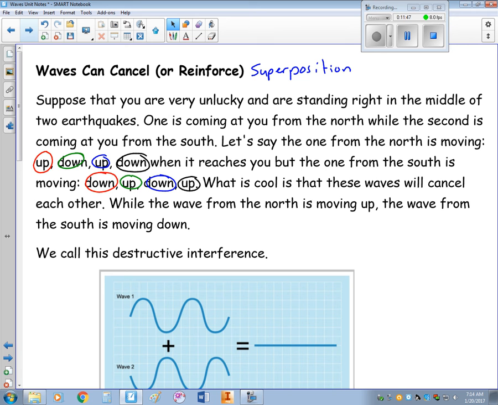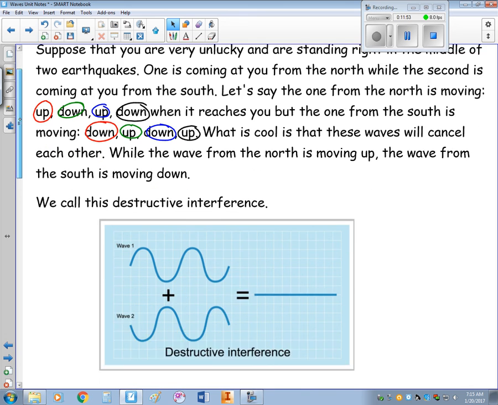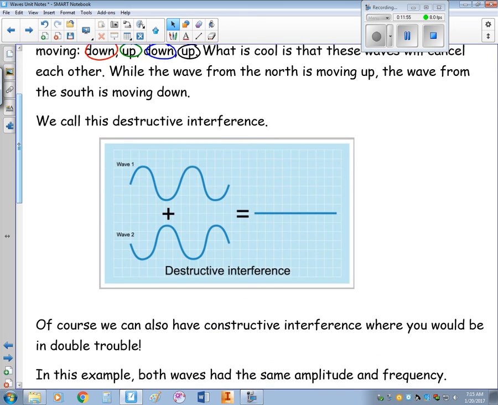While the wave from the north is moving up, the wave from the south is moving down. We call this destructive interference. Here's a graph of these two waves, and notice that at all points these two waves cancel each other out. So I have wave plus wave equaling no wave.